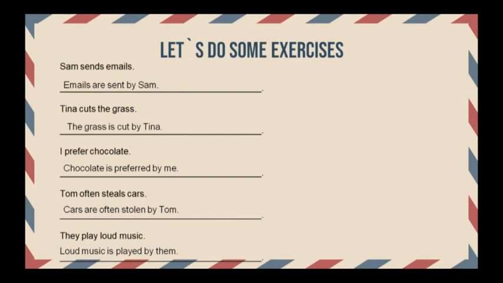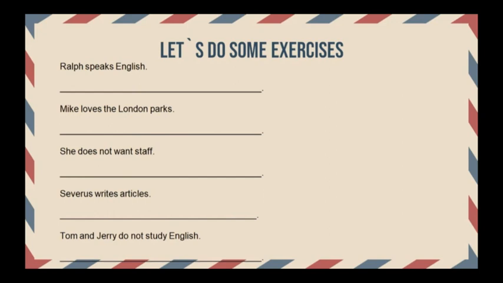Let's see the next slide. Okay, we have 5 more. Ralph speaks English. Ralph is a subject, speaks is a verb, and English is an object. So the passive will be English is spoken by Ralph.